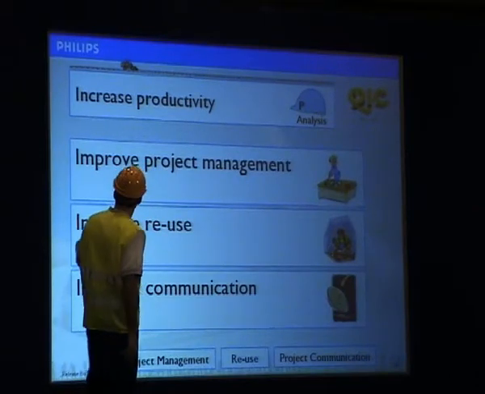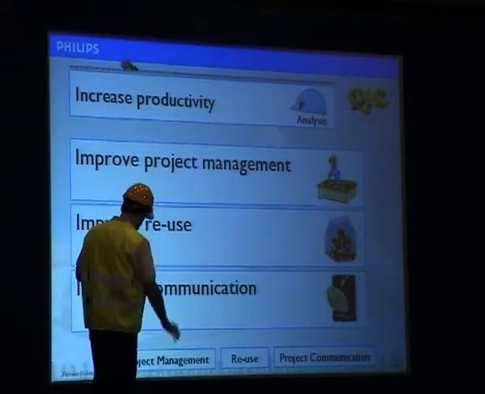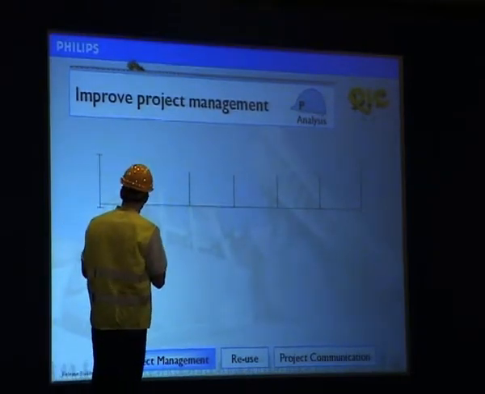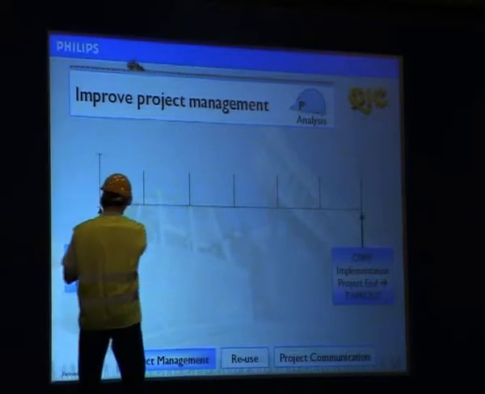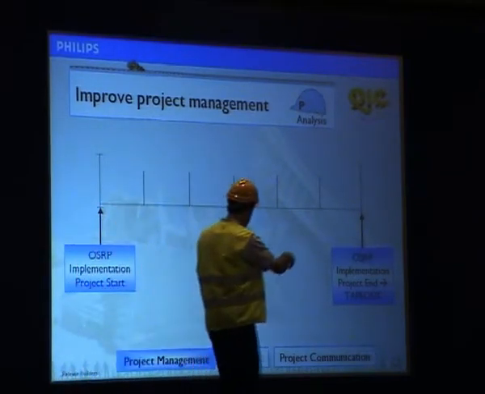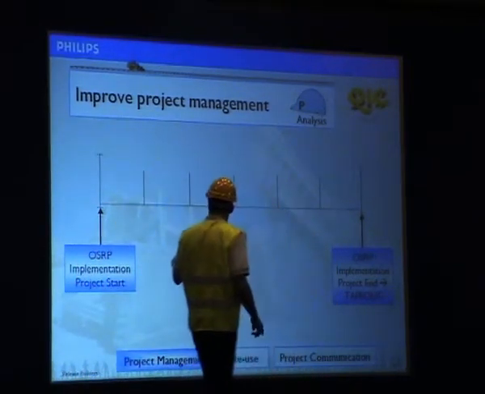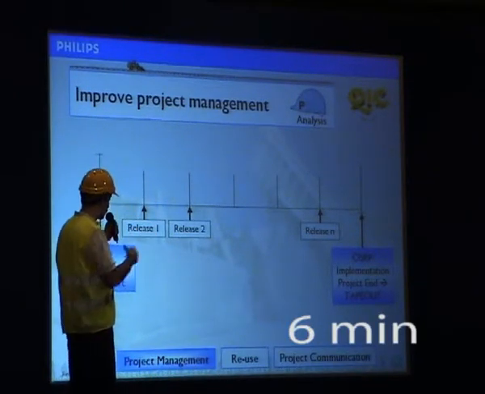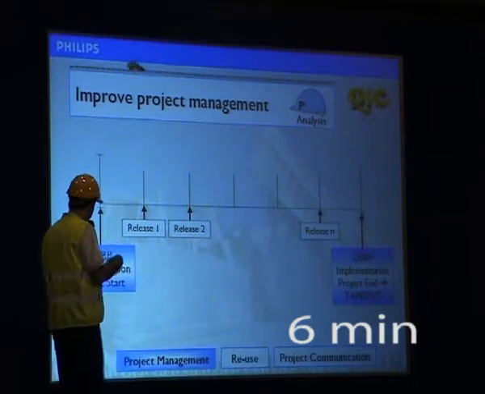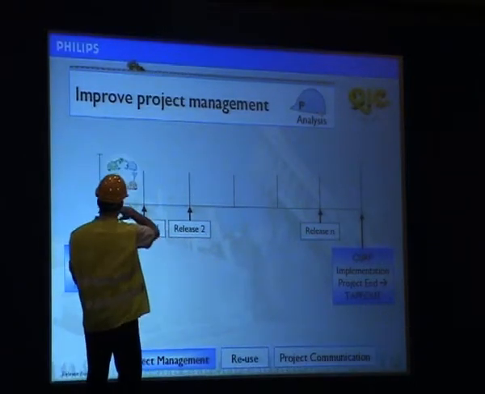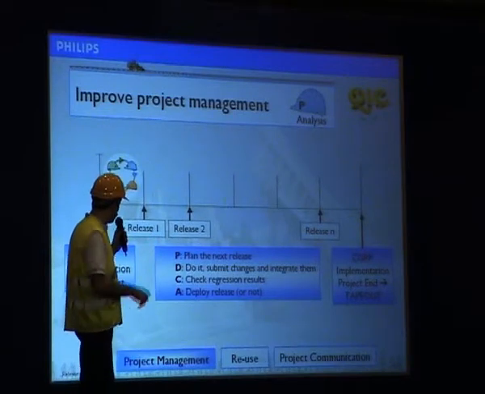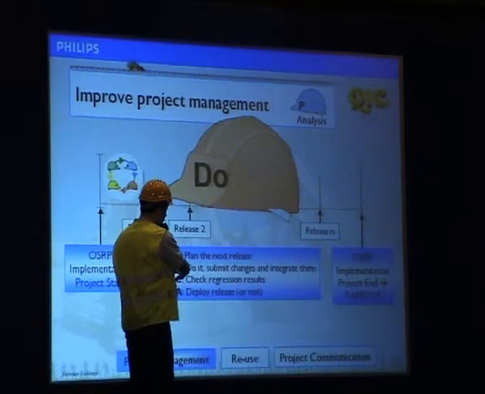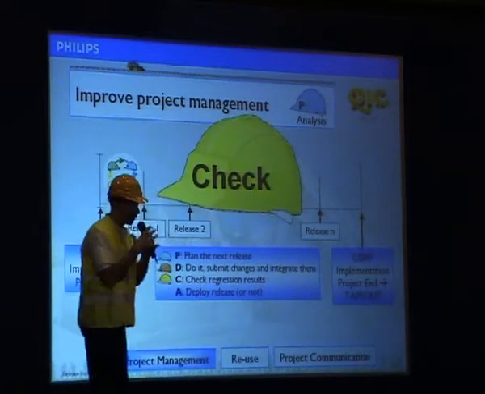So these three major improvement areas, I start with project management. The project can be seen as from start of the implementation project to the tape out, and the idea is to break up the complete project into several releases, for each of which we are going to perform a PDCA cycle, where we plan the next release, we perform it, we are doing it, and we are putting everything together in a release.